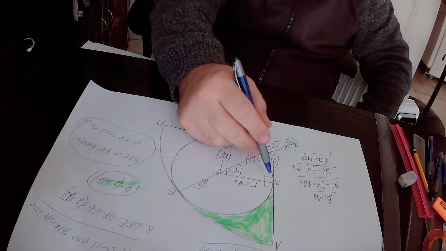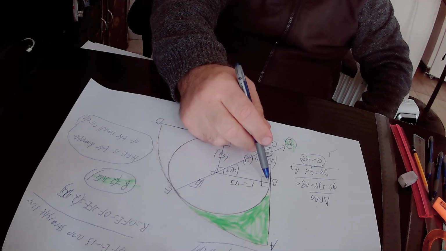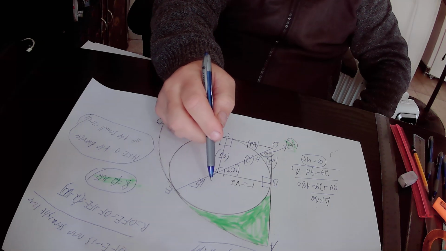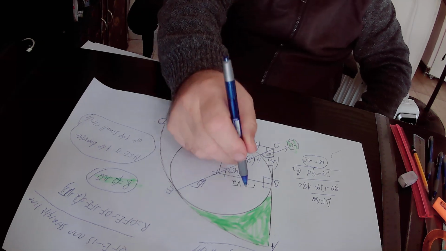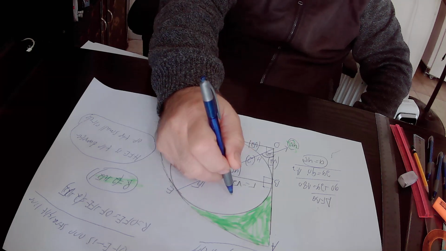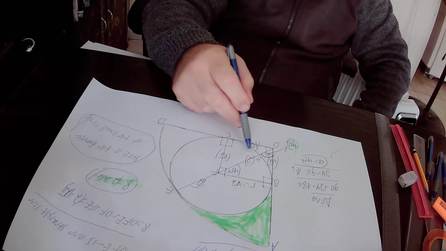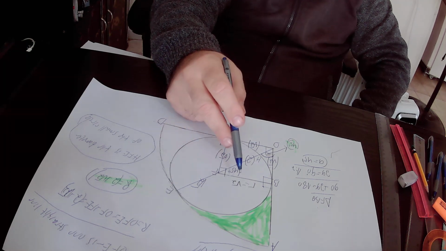So this shape is a semicircle, because the diameter HE bisects the small circle into two halves.